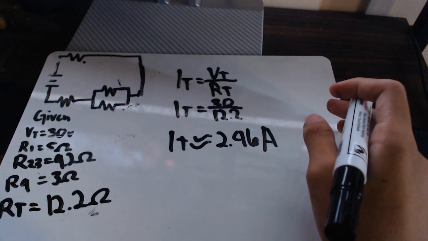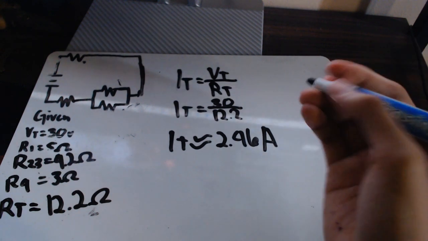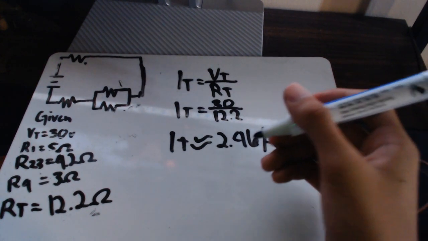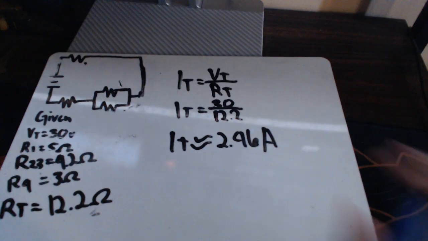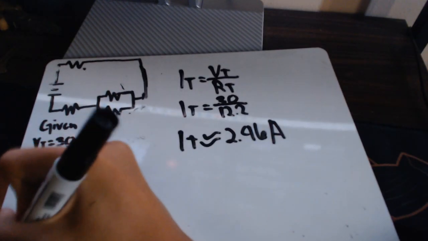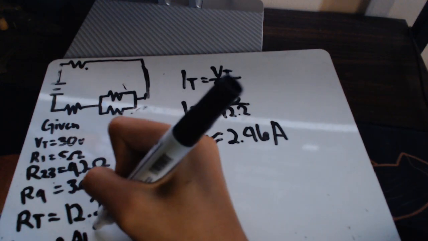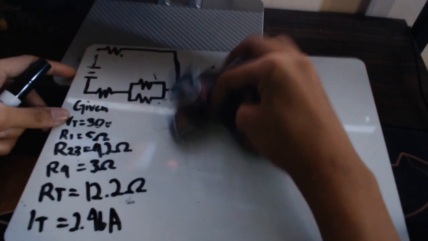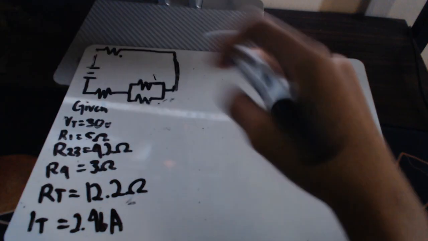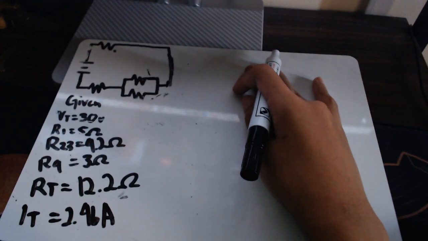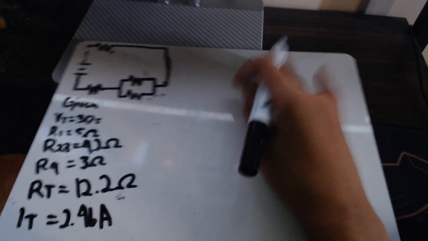Now the next step will be to find I1 and I4. Let's put it here: 2.46 amperes. And now we have to find I1 and I4.